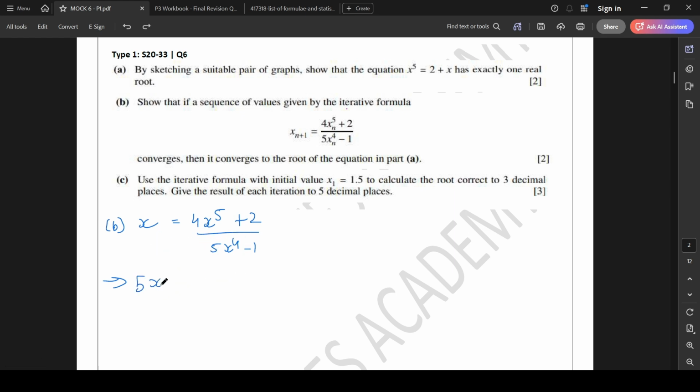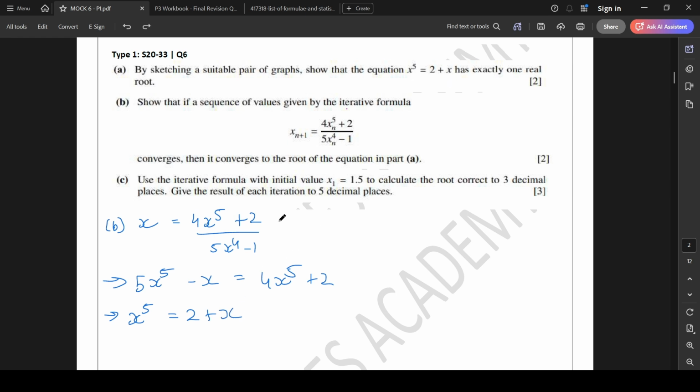So that becomes 5x to the power of 5 minus x is equal to 4x to the power of 5 plus 2. Now 2 has to be on the right. I have to shift this x over there and shift this to the left side. So 5x to the power of 5 minus 4x to the power of 5 will become x to the power of 5 is equal to 2 plus x. This is the same equation as we wanted.